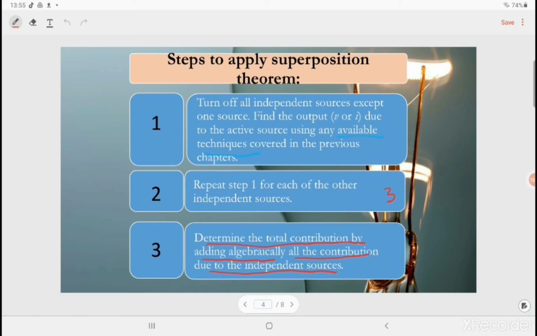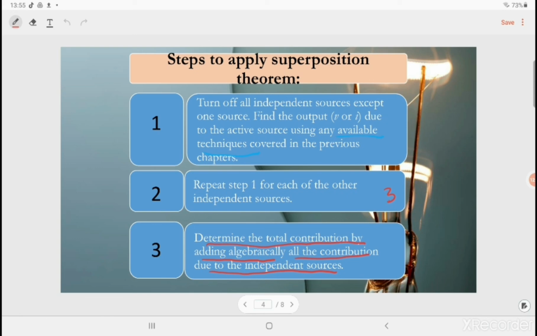If your circuit has four independent sources, that means you need to repeat four times, right? But if you look back at the superposition theorem, by turning off the other sources in the circuit, you make the circuit simpler, so the value that we are looking for does not involve massive calculation.